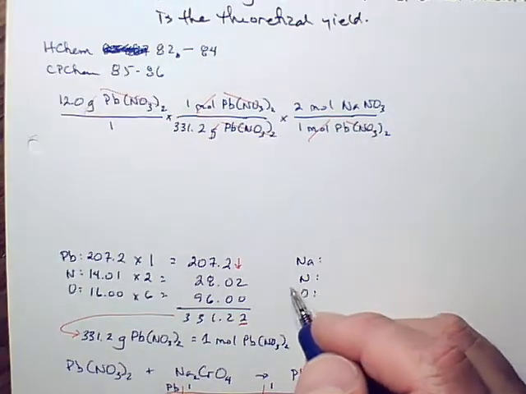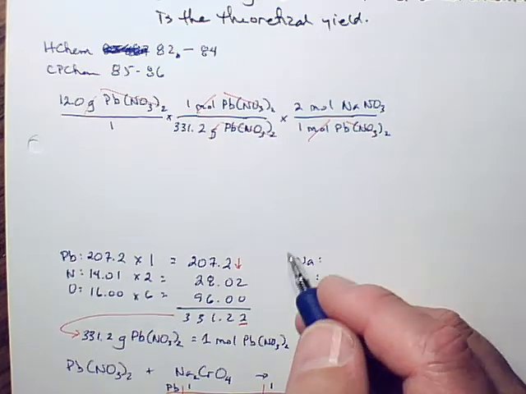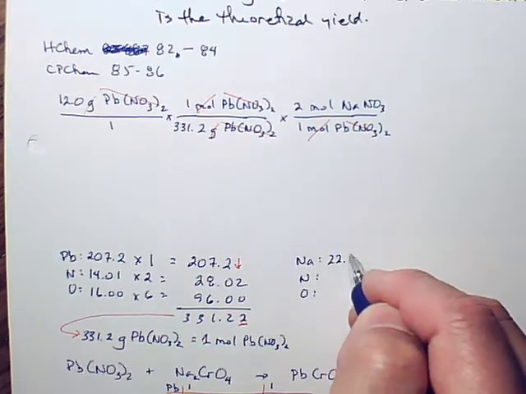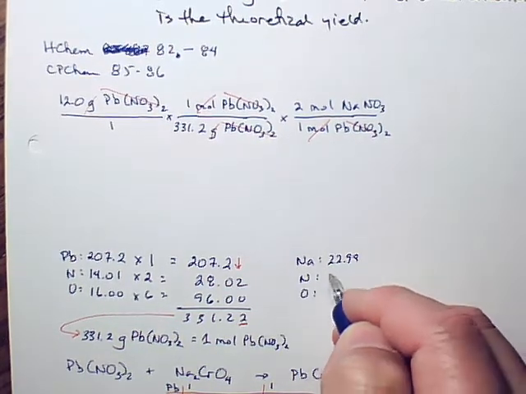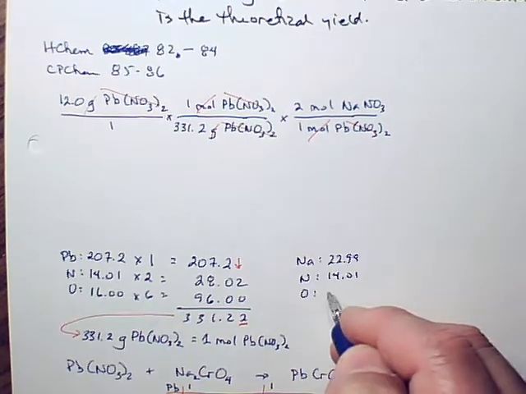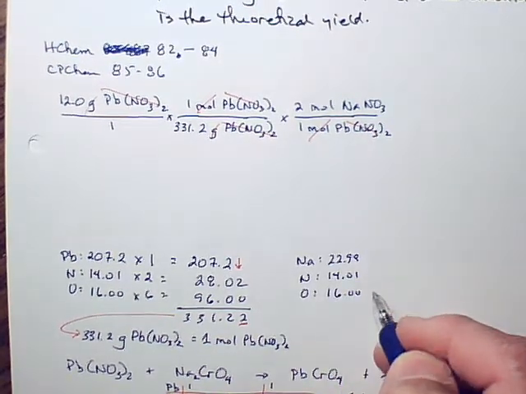On an honors periodic table, sodium's atomic mass is 22.99, nitrogen is 14.01, and oxygen is 16.00.